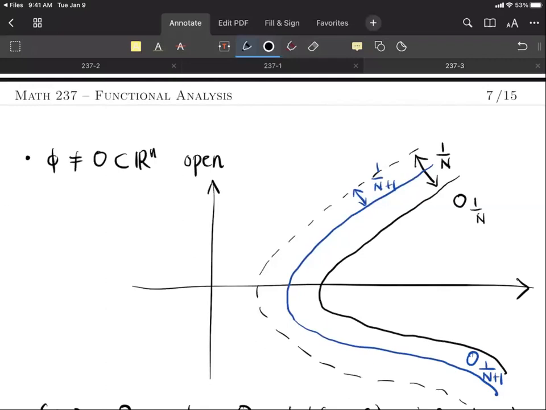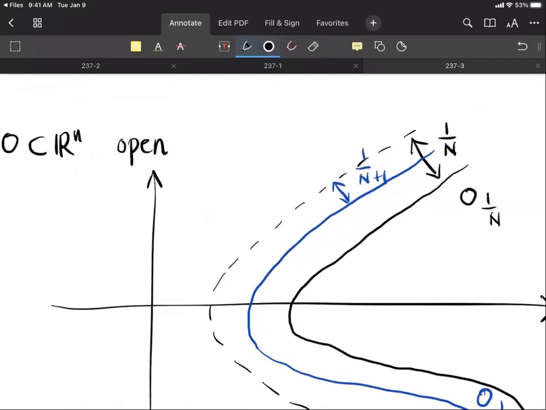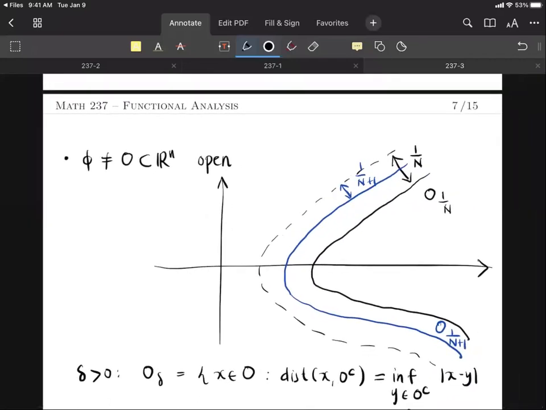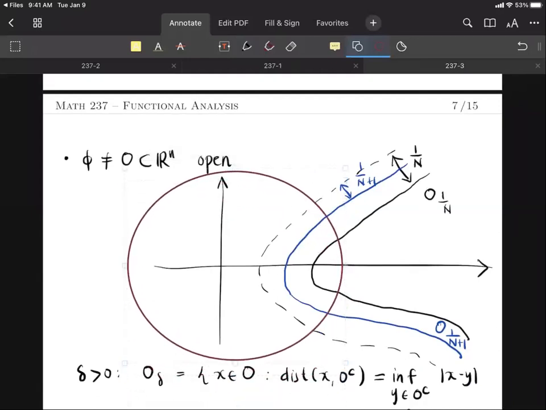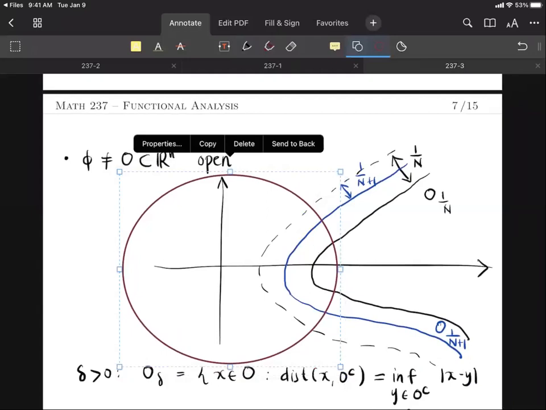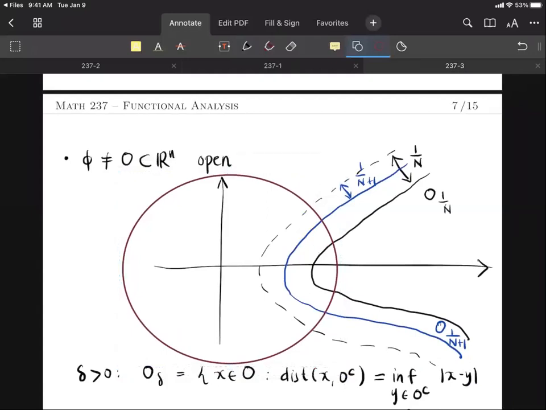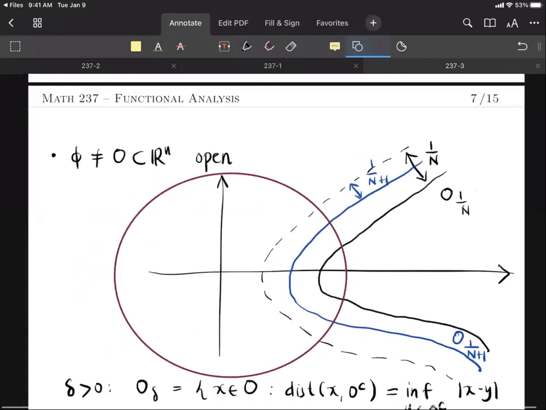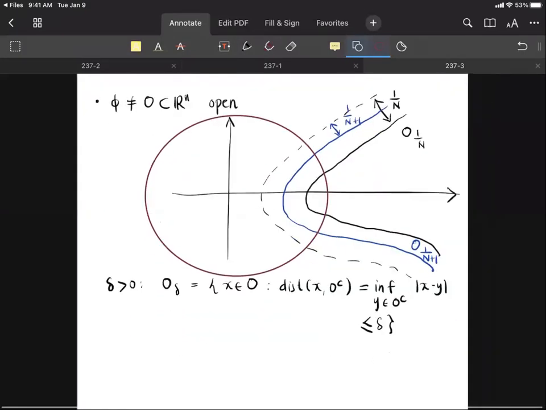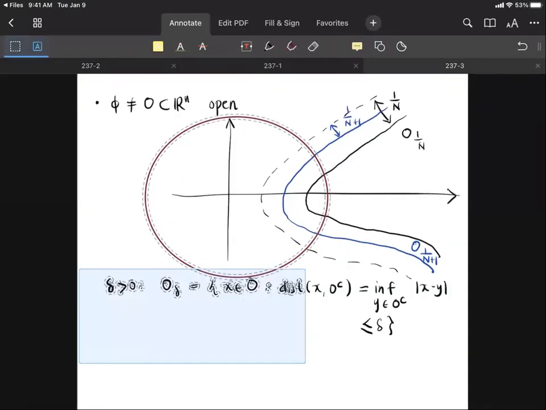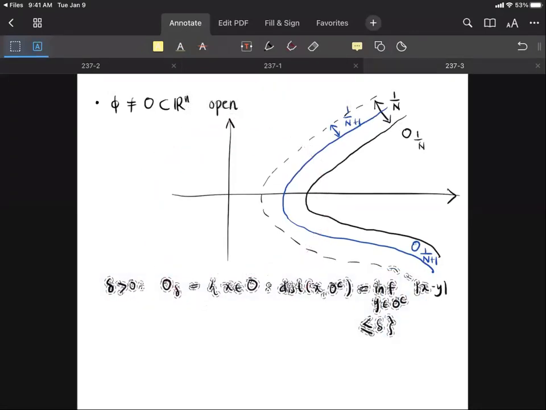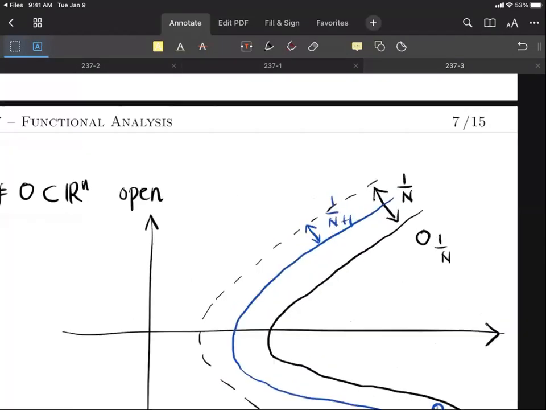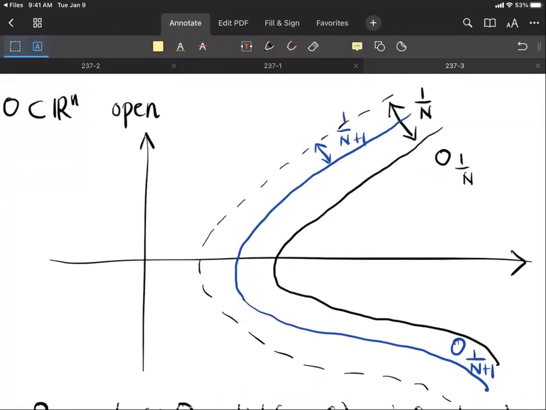So with this, you construct again a ball. Let us just sketch it here.